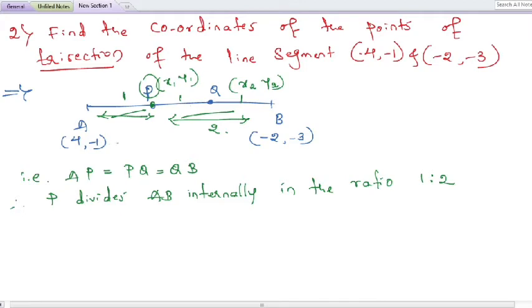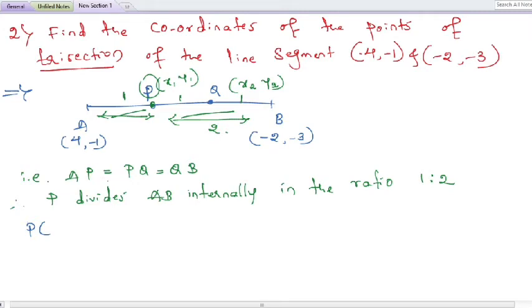Okay. Now we will find the value of P of x1 y1.